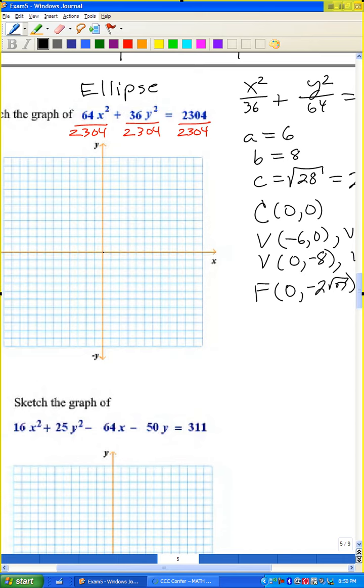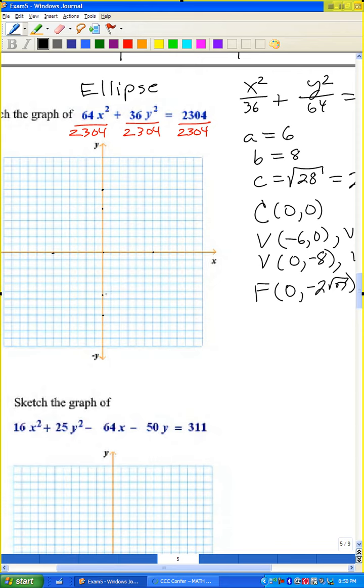So 0, 1, 2, 3, 4, 5, 6 in each direction, and 8. And then square root of 28. That's a little bit bigger than 5. 1, 2, 3, 4, 5.